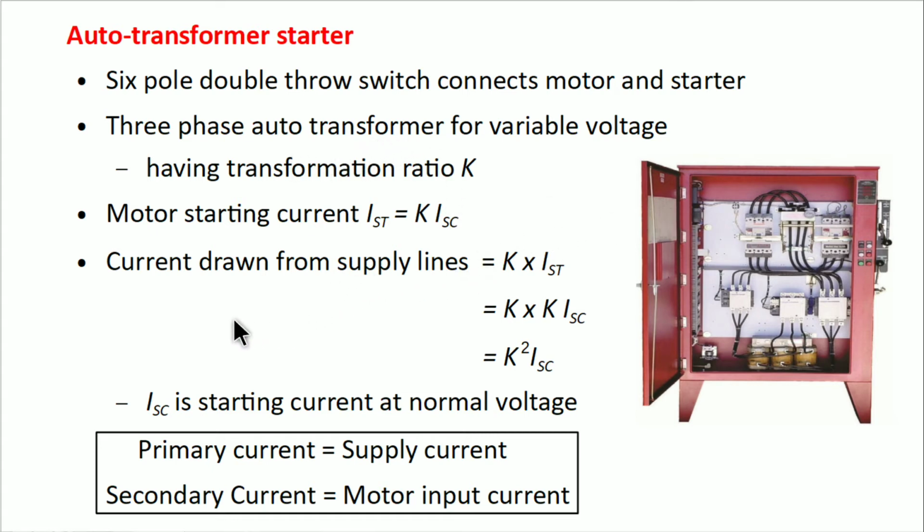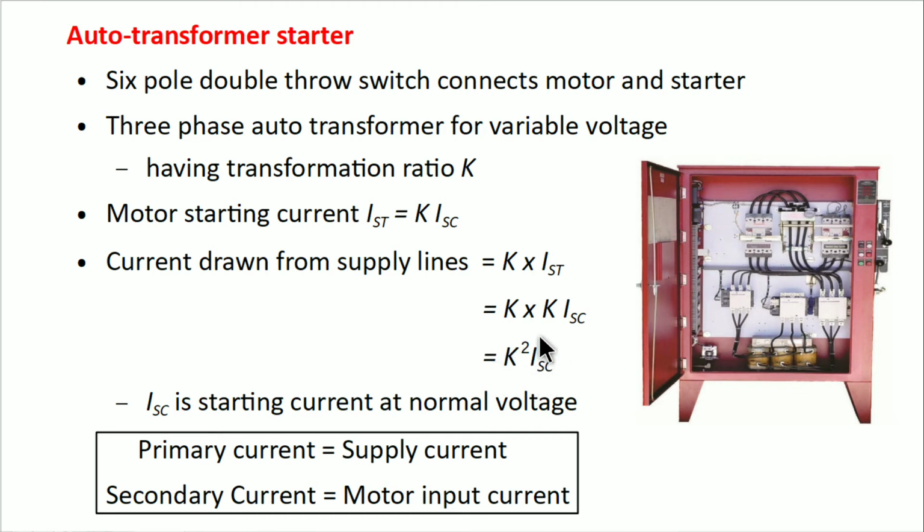Now the current drawn from the supply lines is the primary current of the transformer, which is K times the secondary current. The secondary current is the starting current of the motor, IST, and the primary current is K times the secondary current of the transformer. So this current will be drawn from the main supply lines. So it is K square ISC. It means the starting current at normal voltage is reduced by K square.